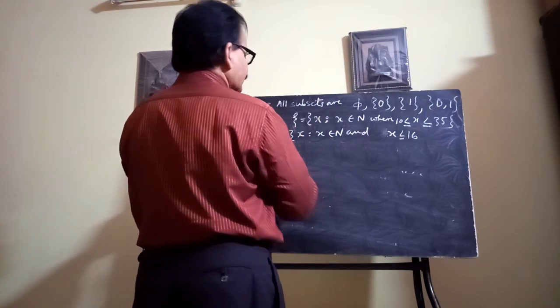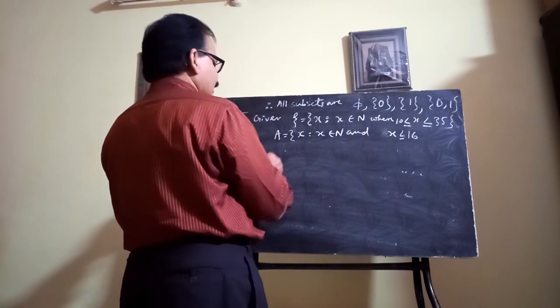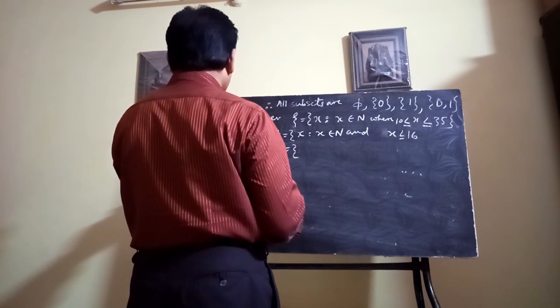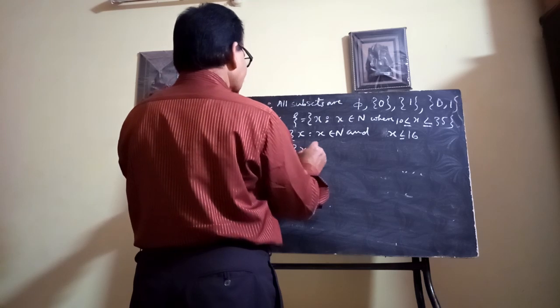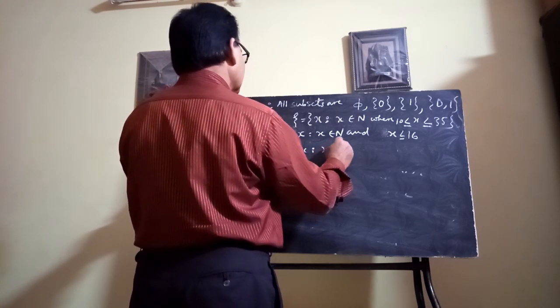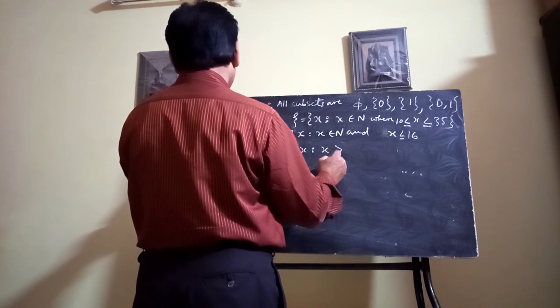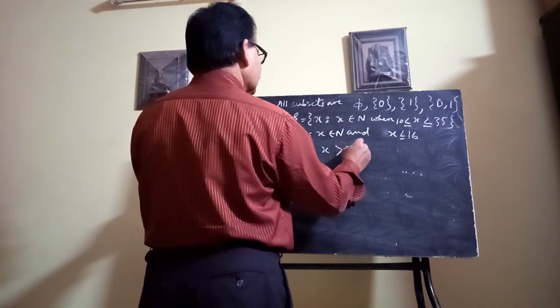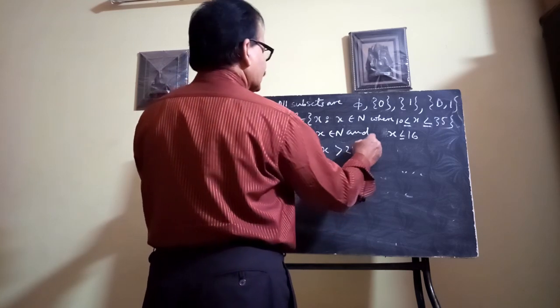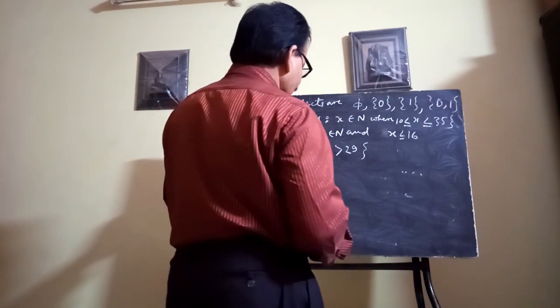This is the first set A. Another set B, B is also the set of elements x such that x is greater than 29. So this much is also given.